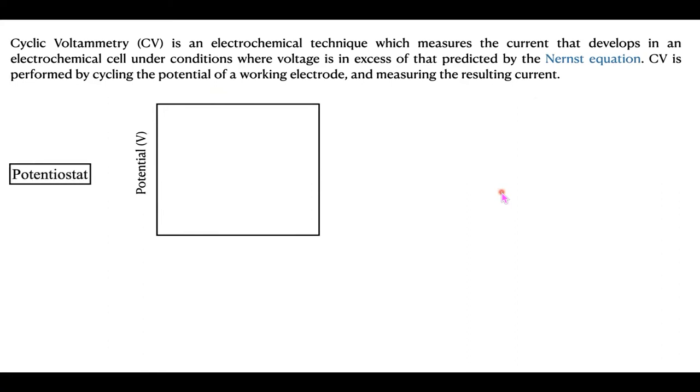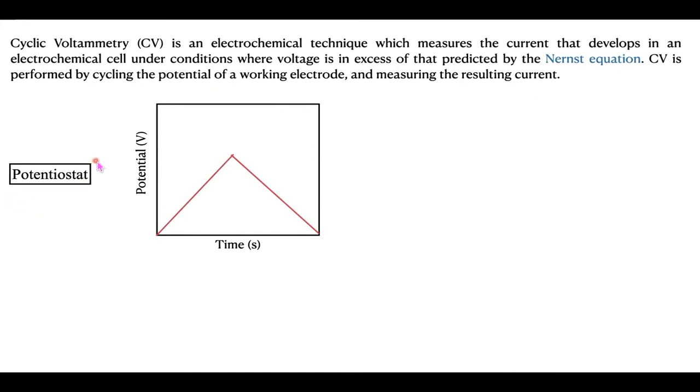To break it into a simple form, we have a potentiostat. This is an analytical instrument designed to control the working electrode's potential in a multiple electrode electrochemical cell.